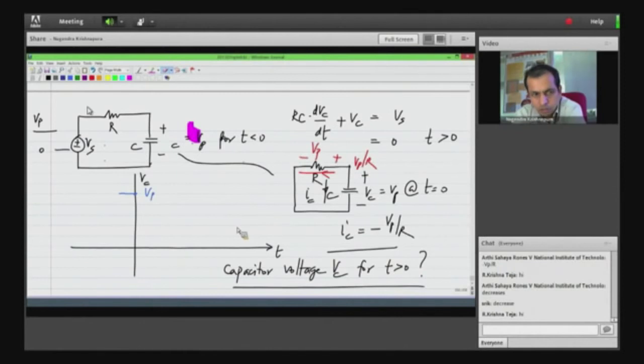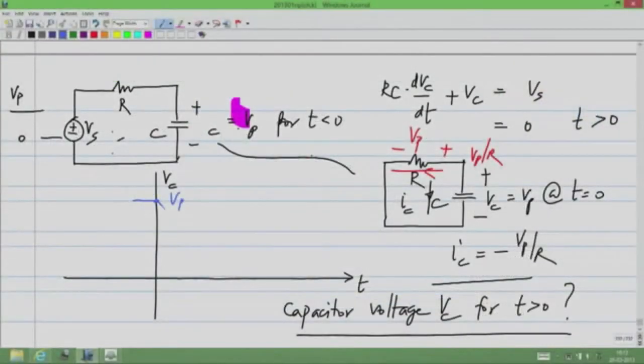That's right, it's going to decrease, and the slope is again given by the capacitor current. Minus Vp by R is the capacitor current, C dVc by dt. So dVc by dt is nothing but minus Vp by RC, so the slope is minus Vp by RC.